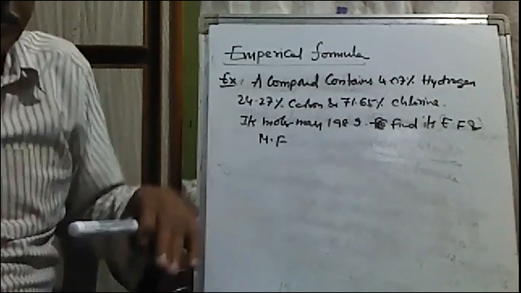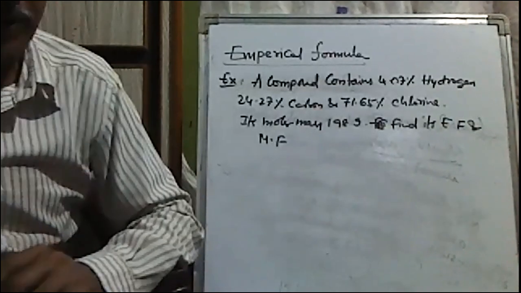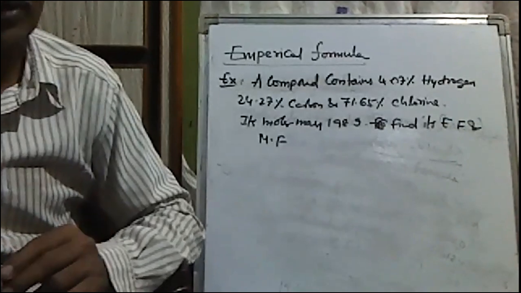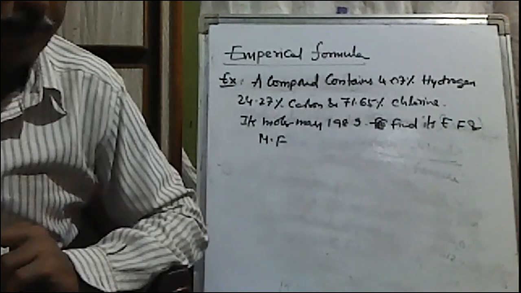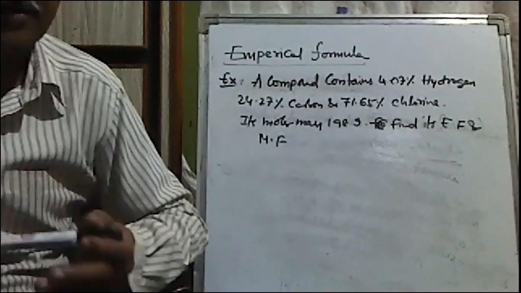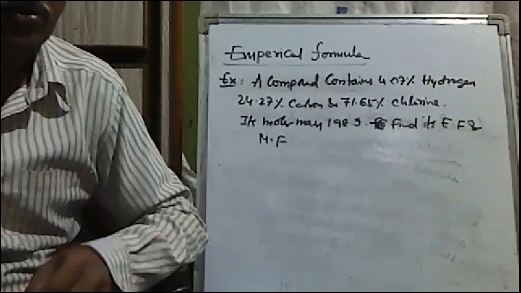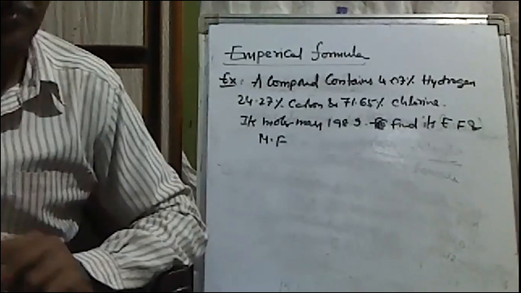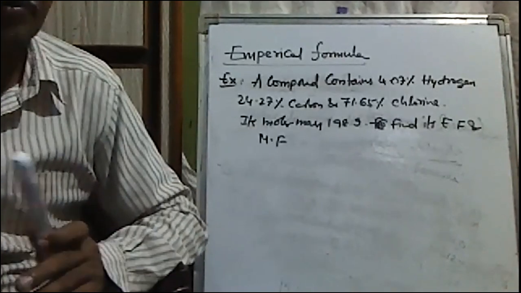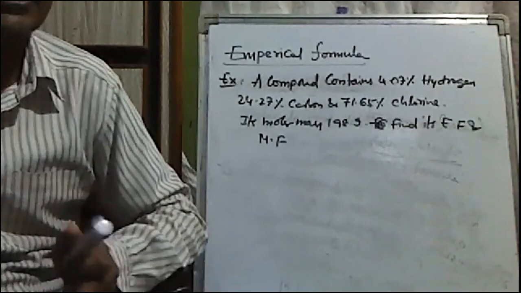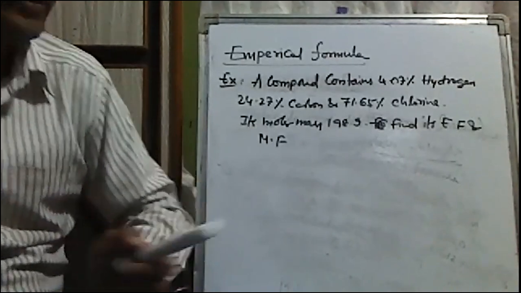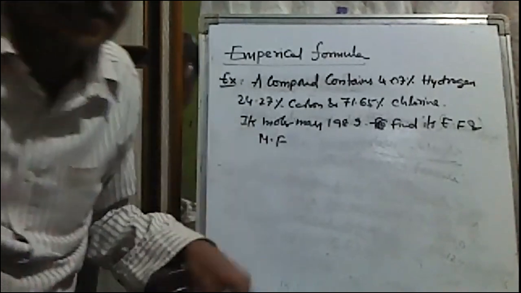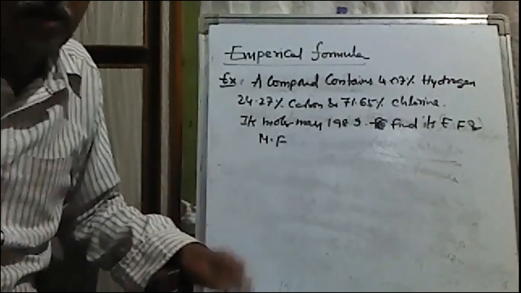You see here the composition of the compound is given. Then they asked us to find the empirical formula and molecular formula. There are certain rules to find the empirical formula from its composition. We can read and understand the rules step by step, and learn how to calculate the empirical formula and molecular formula.